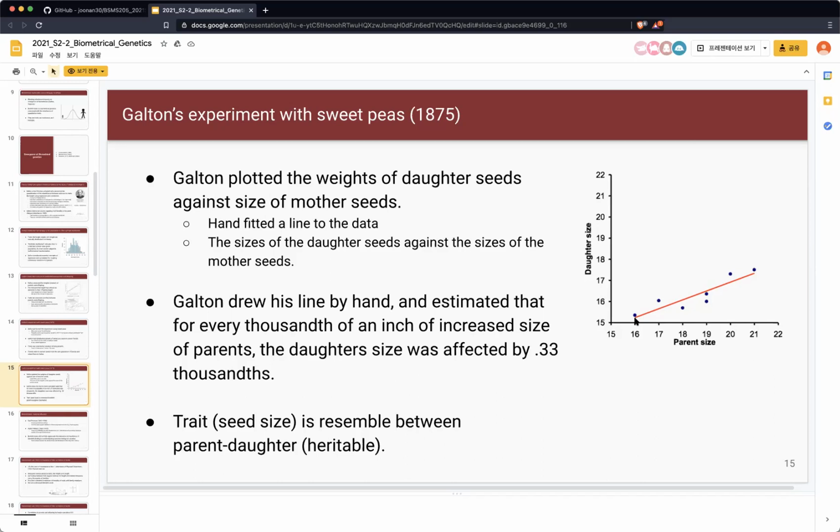And then Galton clearly saw that this variability is preserved across generations, right? But in Galton's idea, he used more mathematical notation and more formulas, and he clearly explained how much the similarity is preserved across the generations.